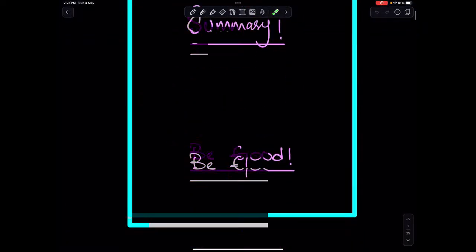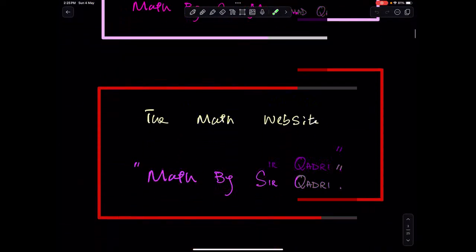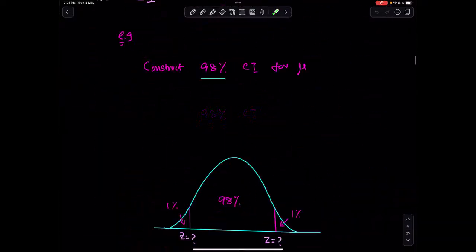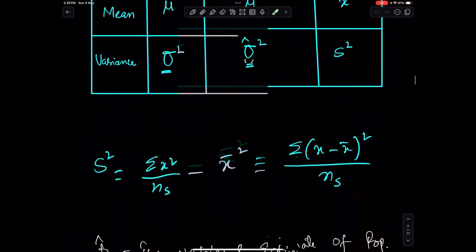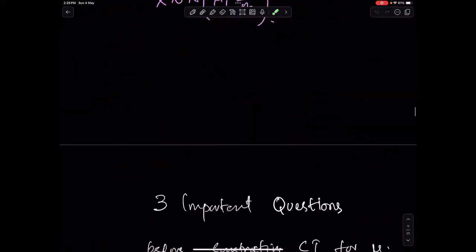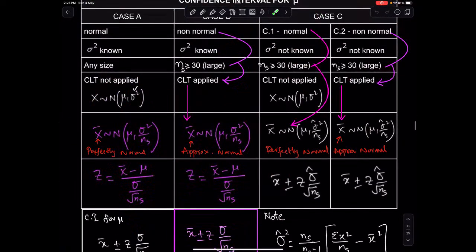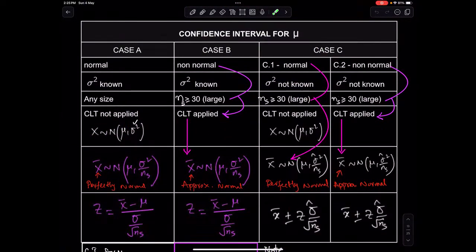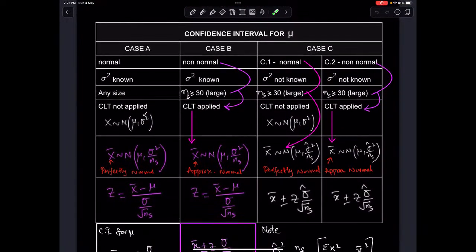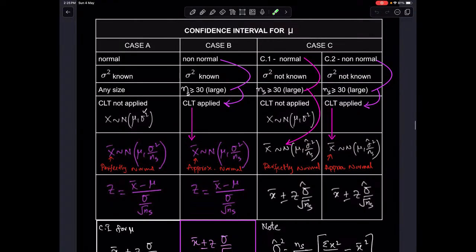Sampling summary, and you just need to see this table. I'm not discussing this here, I'm just showing this.